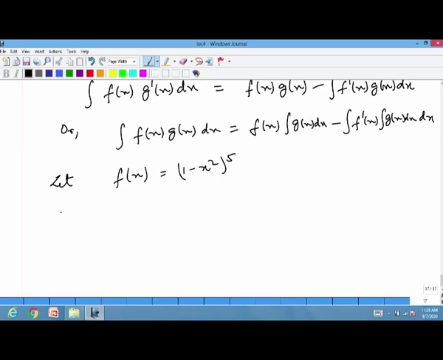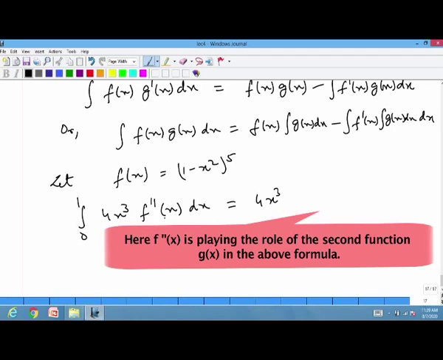Then we have to calculate the integral from 0 to 1 of 4x cubed times f''(x) dx. By the integration by parts formula, this is equal to 4x cubed times f'(x), since f''(x) is the derivative of f'(x), from 0 to 1, minus the integral from 0 to 1 of 12x squared times f'(x) dx, because the derivative of 4x cubed gives 12x squared.